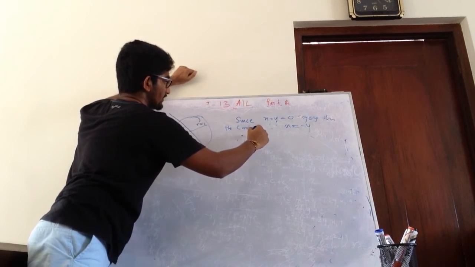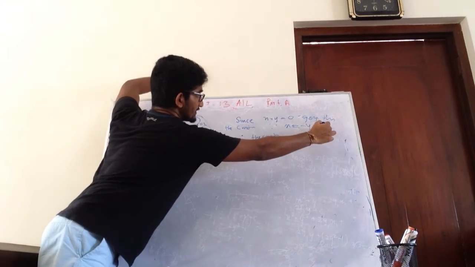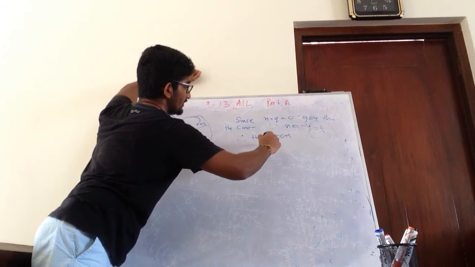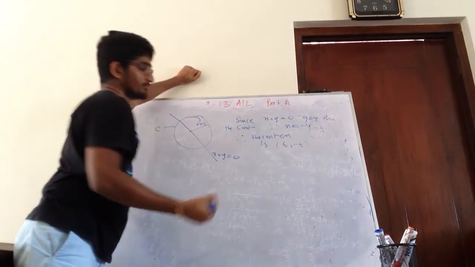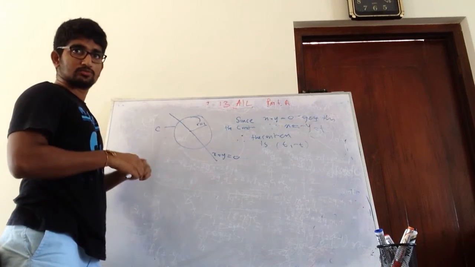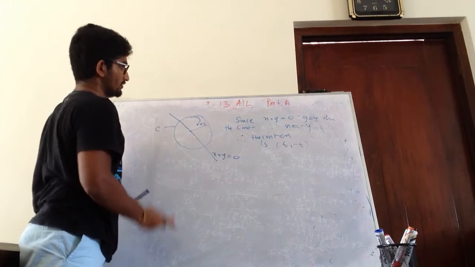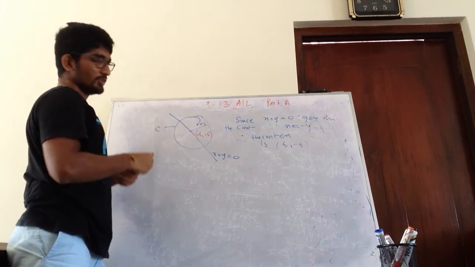Therefore, the center, I'm going to write this as t. Center is t, minus t. Clear? So this is basically t, minus t.